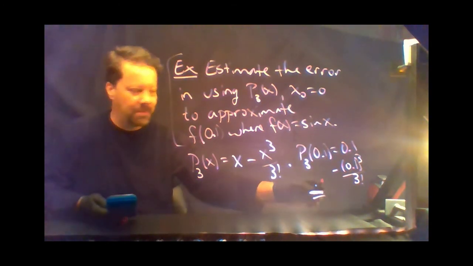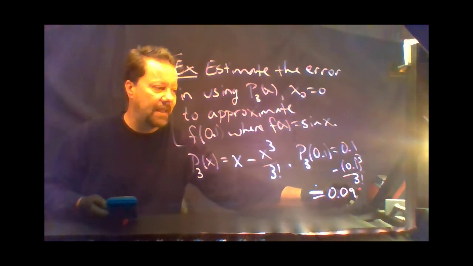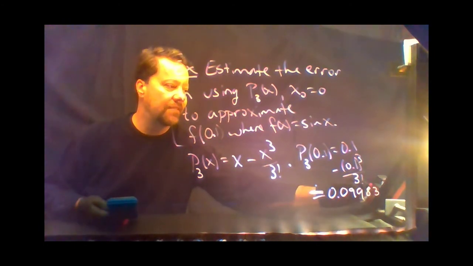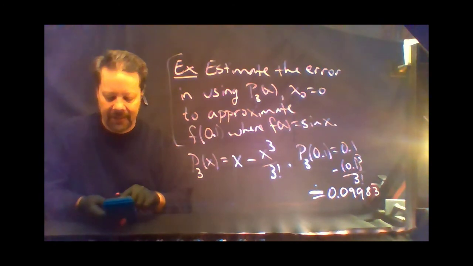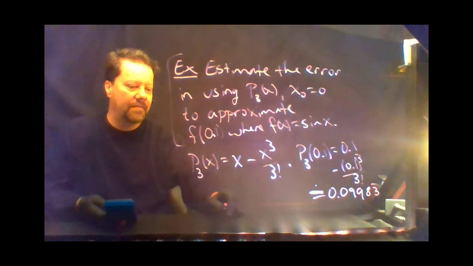My calculator tells me this is 0.0998 and then a sequence of 3's. If I put my calculator into radian mode, I can calculate the sine of 0.1.